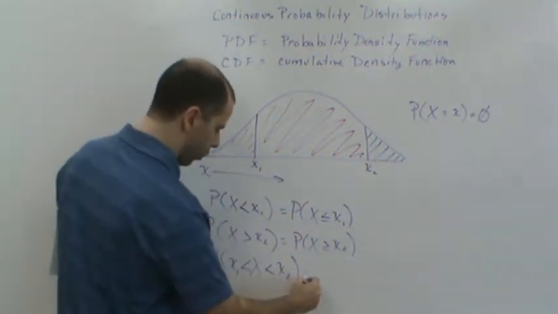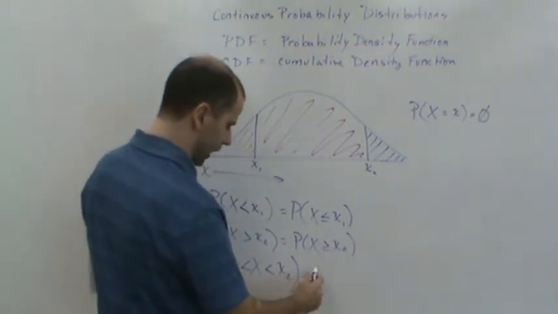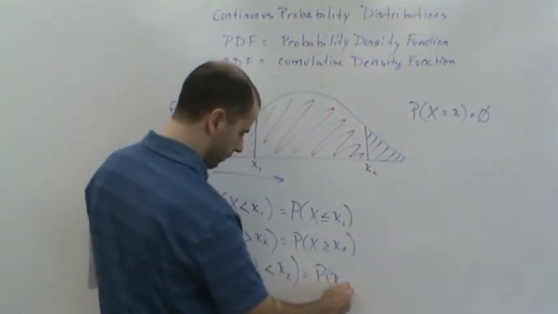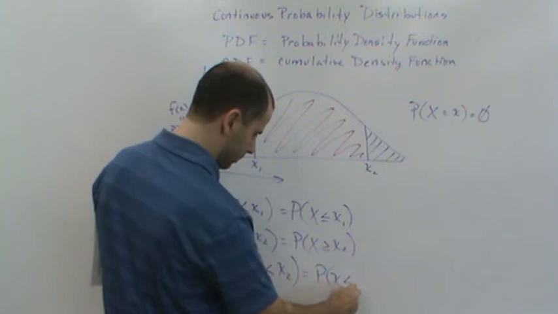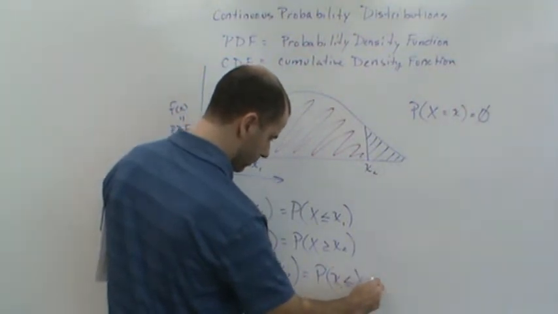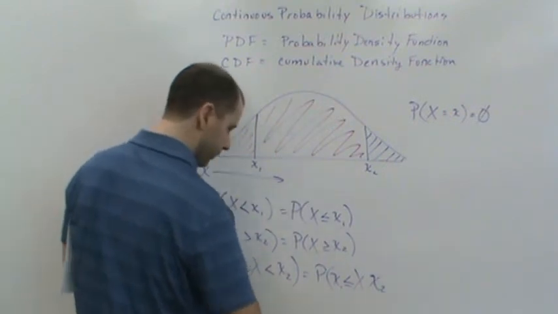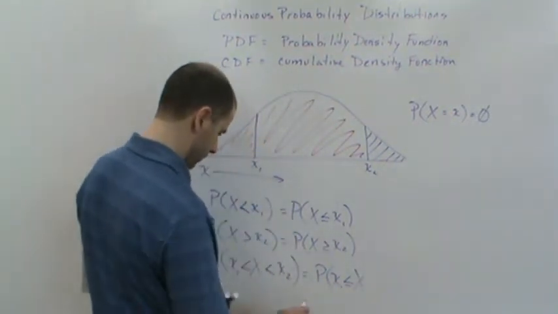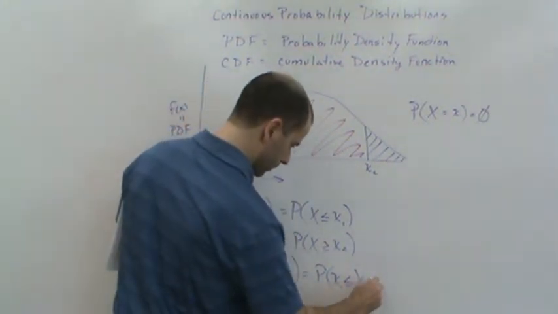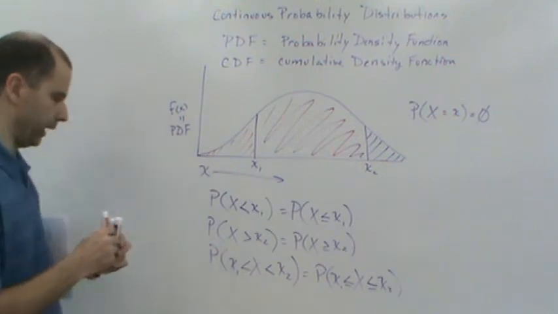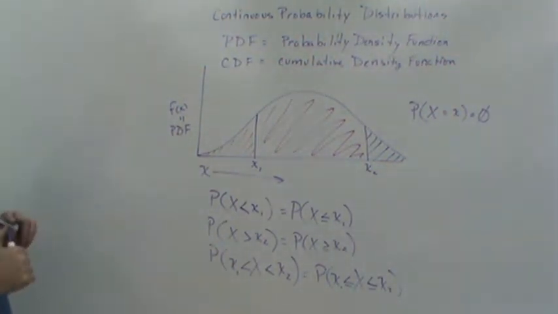Okay? And then, of course, it doesn't matter where we put the equal sign for this one. It's all going to be the same. So, for example, those are going to be the same.